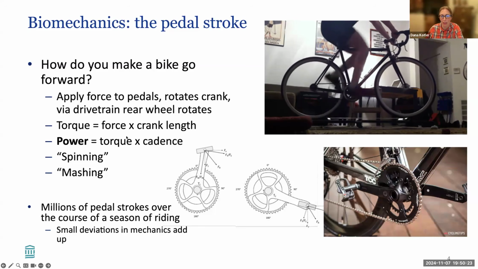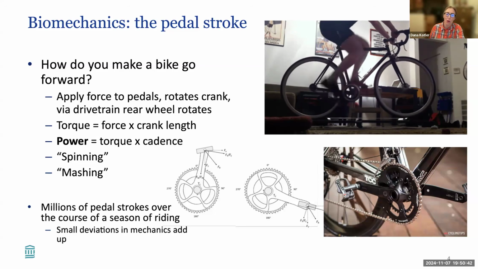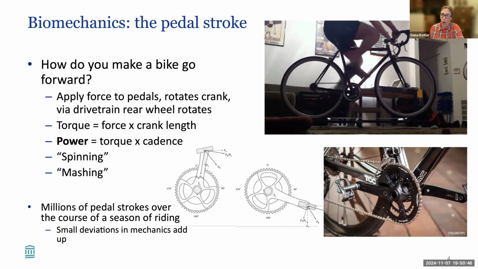So the force times the length of the crank is going to give you the torque. And then when you add a time factor in, you get power, which is the metric that we pretty much talk about universally in cycling. So that is basically how much force you're putting into the pedals and thereby into the drivetrain of your bike, and how quickly you're doing that. So you can generate a lot of power by putting down a lot of force, or you can generate a lot of power by putting down a little bit less force, but putting it down quickly and repetitively, very fast.